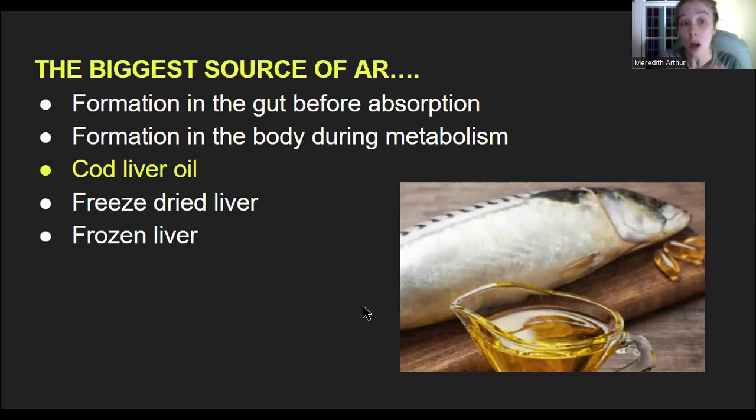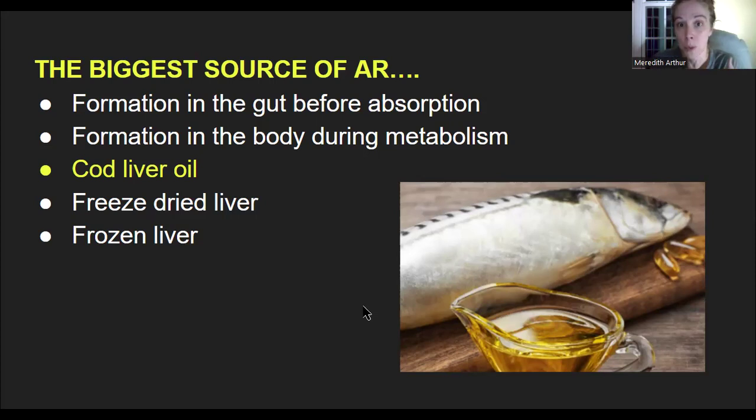We also know that we make it during metabolism because they've identified that it is made in lymphocytes. They also use anhydroretinol to kill cancer. So it's not like a small amount is bad. I think what's happening is that there's an imbalance and there's way too much anhydroretinol.